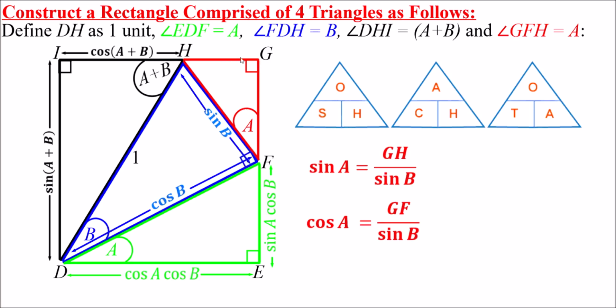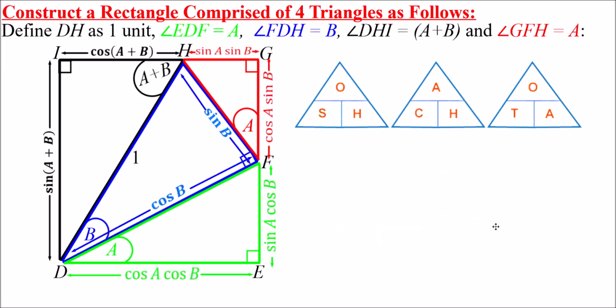So sine A is going to be the opposite, which is HG or GH, over the hypotenuse, which we can see for this red triangle is sine B. And cos A is the adjacent, which is GF or FG, whichever way around, divided by the hypotenuse, which again, as I said, was sine B. If we arrange both these equations to get GH and GF, we see that GH at the top can be labelled sine A sine B, and GF down the side here can be labelled cosine A sine B. So let's label these on like I keep saying. So there we have it. The good news is you've pretty much done most of the legwork.